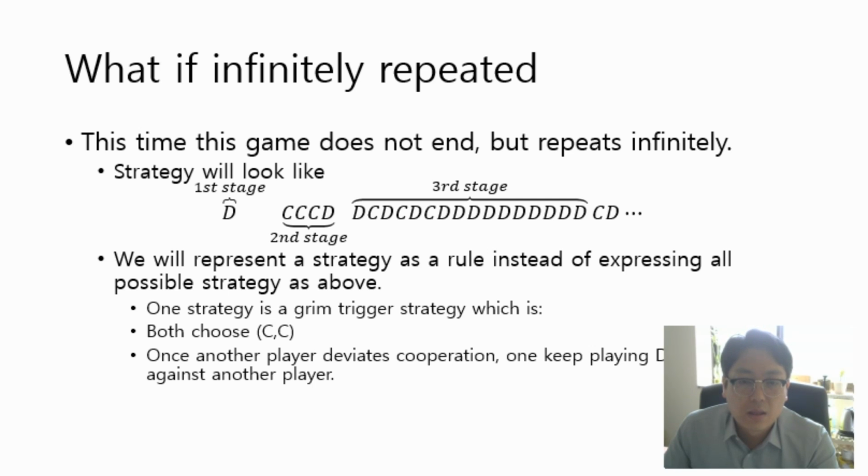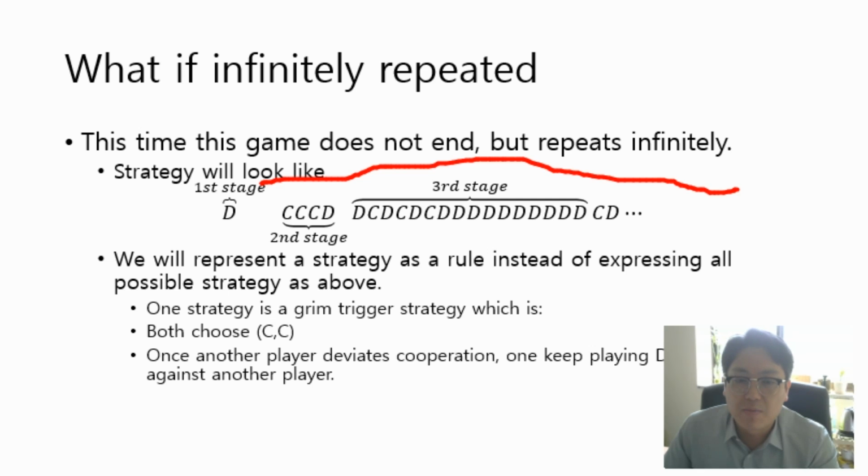And then there are an infinite number of strategies here, but the problem is that we cannot deal with that infinite number of realized strategies. It's too long. So instead of dealing with these long strategies, we just give you a rule that constructs a strategy.